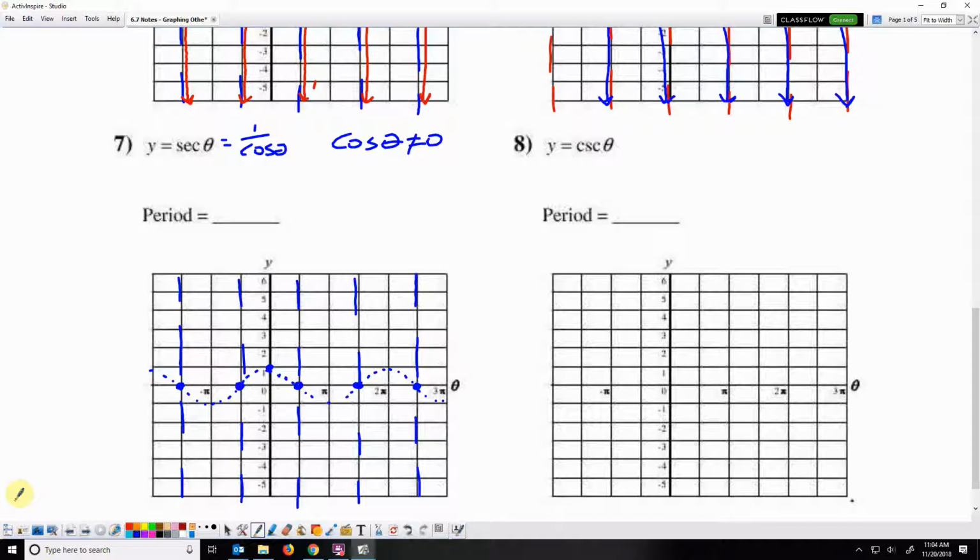A difference between secant and cosecant compared to tangent and cotangent is that what we had before looked more like cube functions.